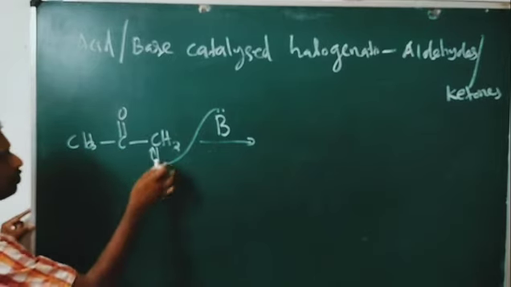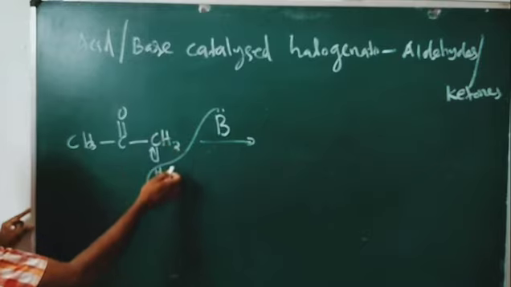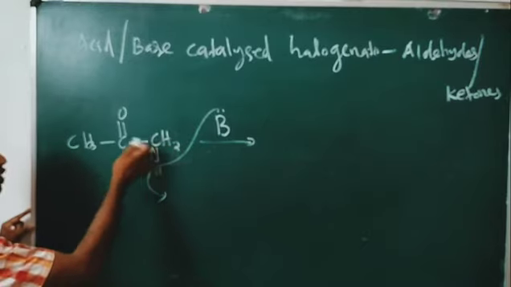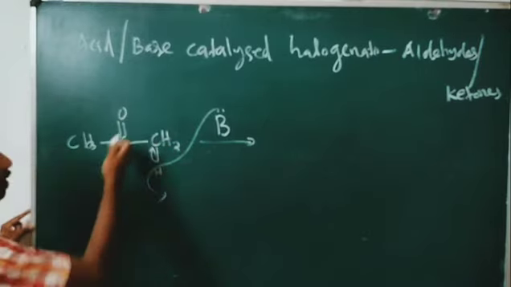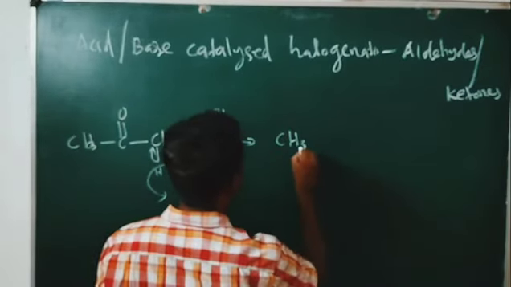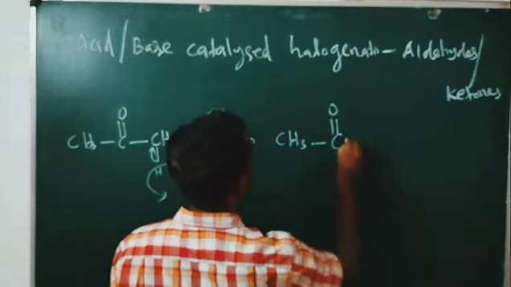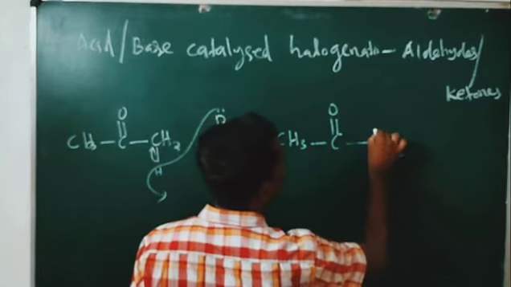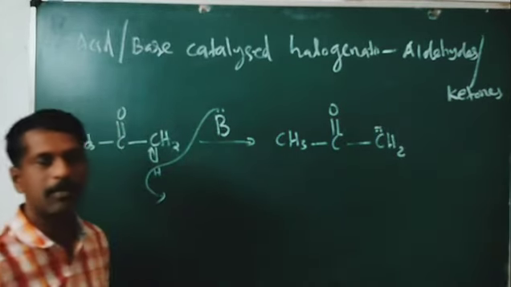Why are these hydrogen atoms acidic in nature? Due to the presence of the CO group. Then we get CH3, C double bond O, CH2 minus. This is our carbanion.